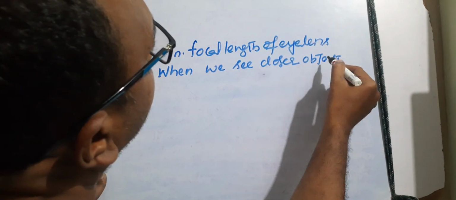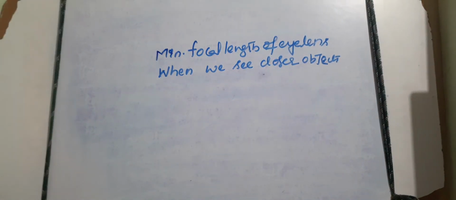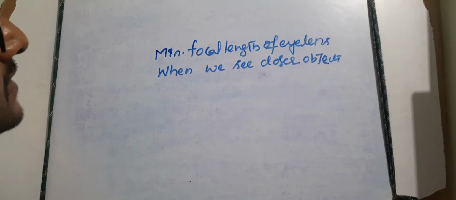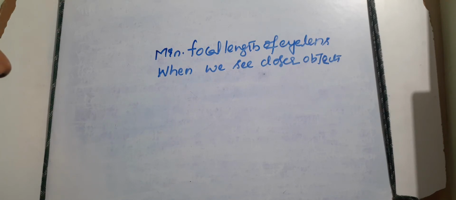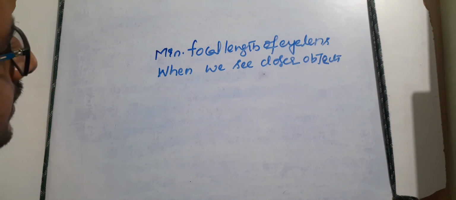But in the previous class we explained the maximum focal length of the eye lens when we see distant objects. Now what is the minimum focal length of the eye lens when we see closer objects? Closer objects means they must be placed at least at the distance of distinct vision, that is 25 centimeter.